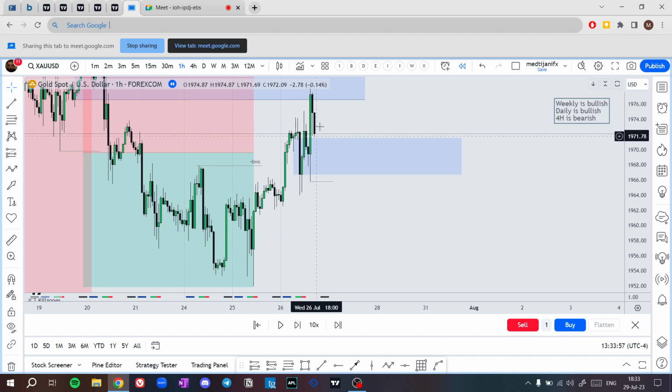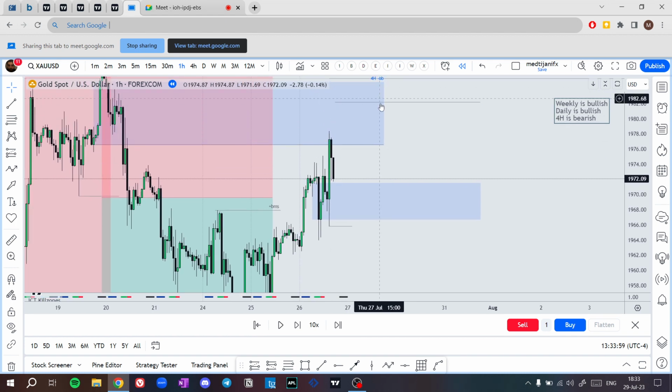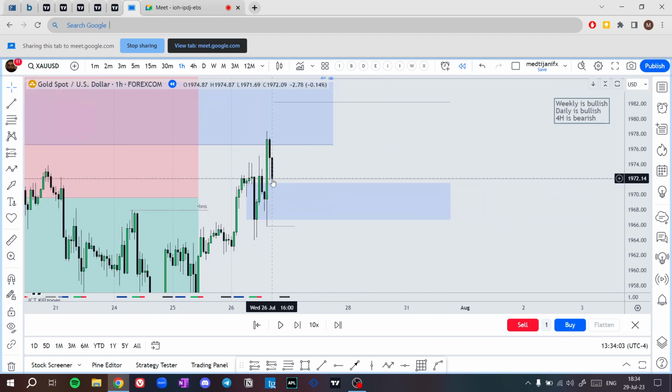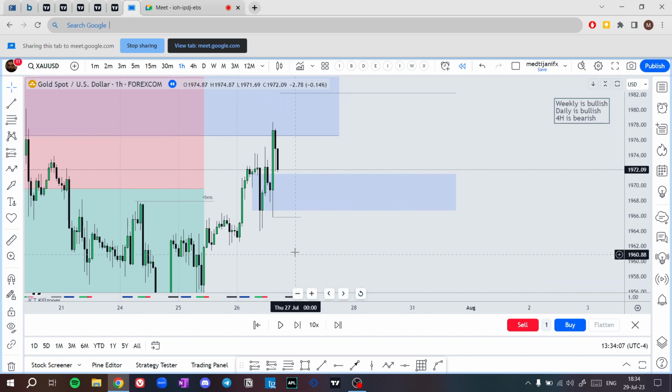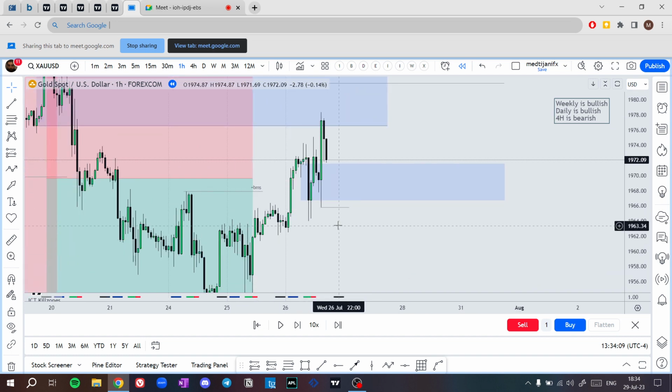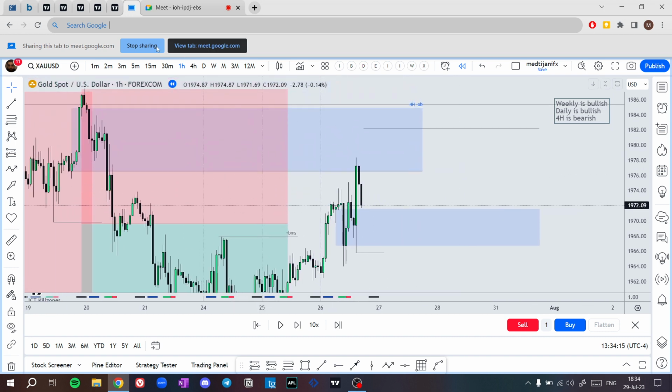Right now it is retracing. Yes, it is a reaction from our order block, but it is retracing to this fair value gap. I'm not going to look for a buy entry here. As I said, we have a bearish idea, but I want to first see a low broken before engaging with it.